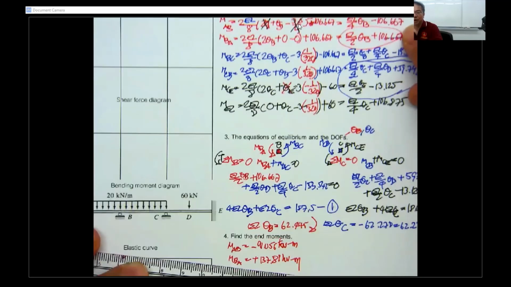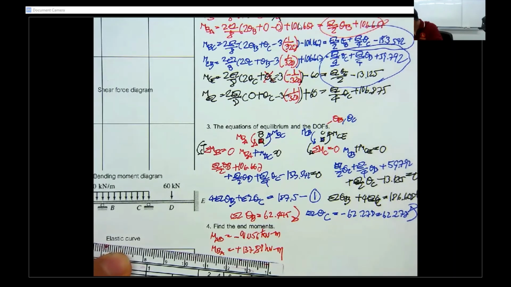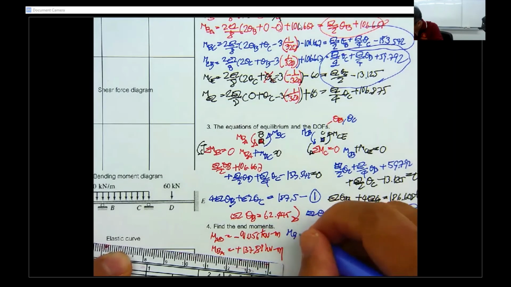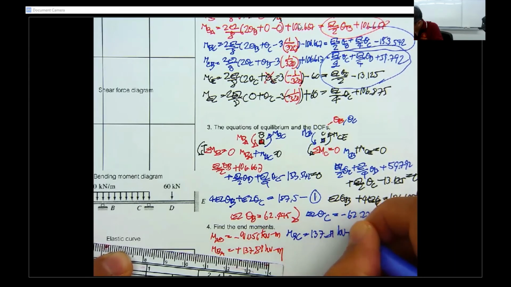Just put it back into these two equations. For the blue, just get M sub BC, 137.81 kilonewton meter.